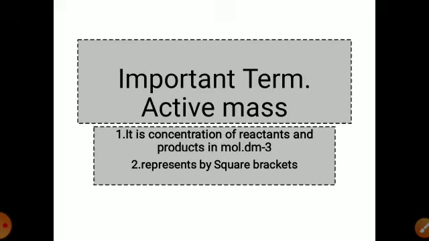That 2 kg of chicken is your active mass, and the rest of the 3 kg that is stored in the freezer is not the active mass. So active mass means the substances or reactants that are participating in a chemical reaction.